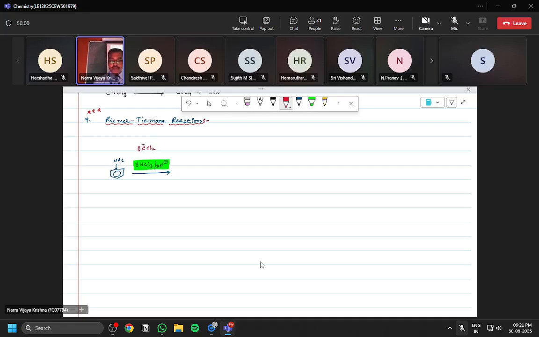This is carbene. Now nitrogen has a lone pair. This nitrogen will donate its lone pair of electrons into this, leading to the formation of NH2 plus, and this will convert into C, Cl, Cl minus. Correct? Then in the next step, H plus will move from here to here.